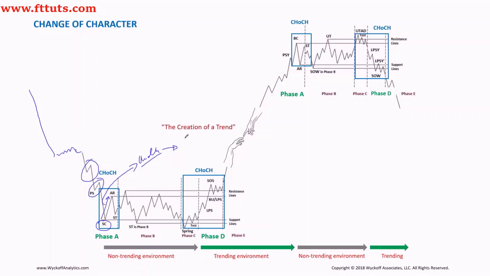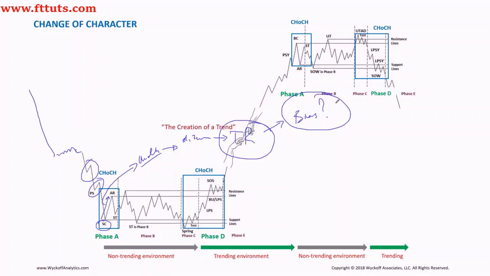We were in the downtrend environment, so now we would change that to some kind of consolidation. We know that the trading range is going to unfold. We still don't know the bias at this point. This is a little bit more of the advanced studies that we do in the practicum.